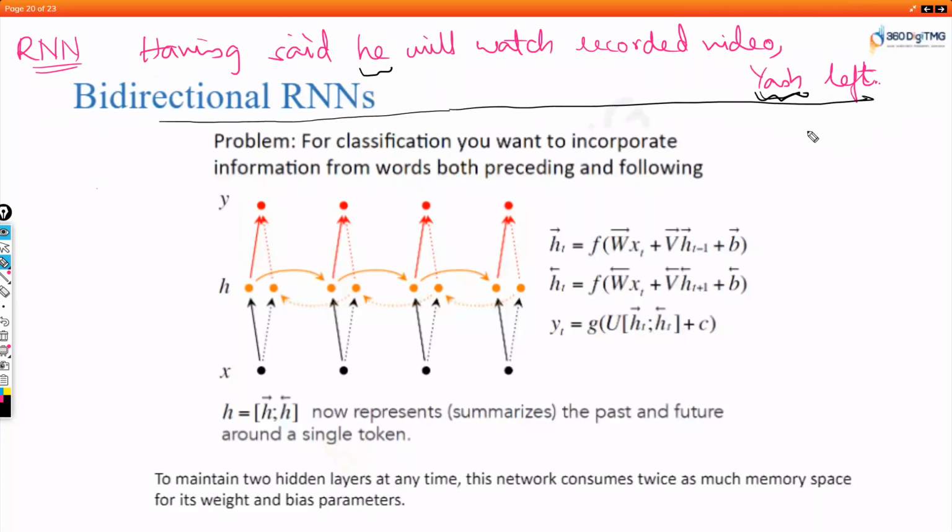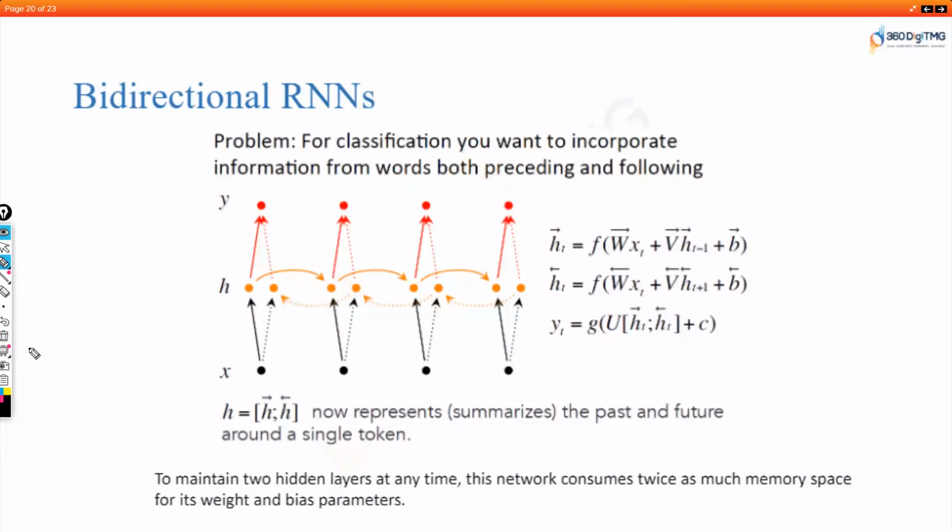Hence, if you have a bidirectional RNN, it is also going to read in the reverse direction. What happens? Left, Yash. Now it's encountering Yash. Video, recorded, watch, will, he. The moment it sees he, it recognizes that it is Yash because it has already processed the word Yash, and then it is looking at the pronoun he. So it is going to tag he to Yash. That is the advantage of bidirectional RNN.